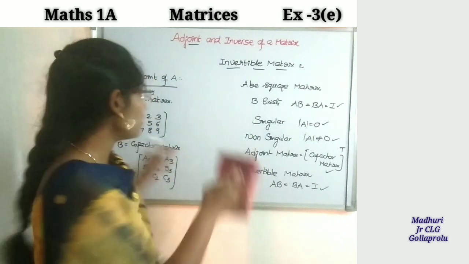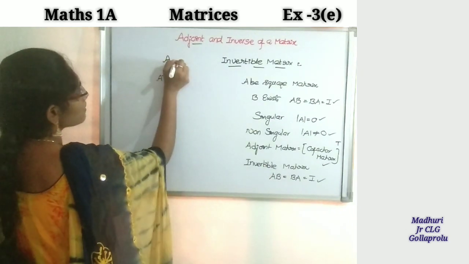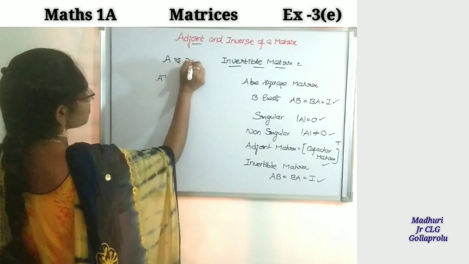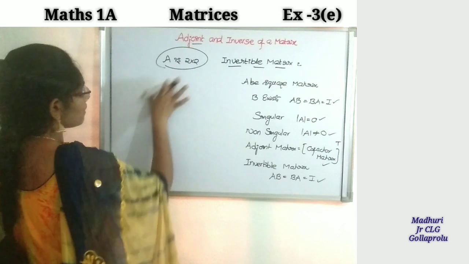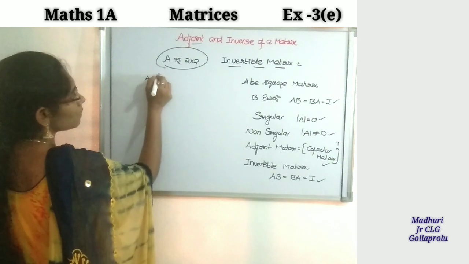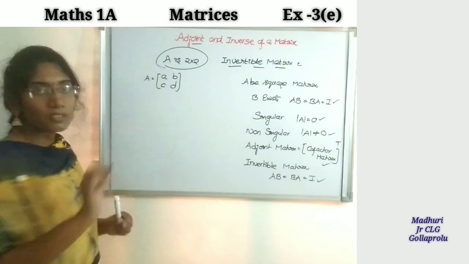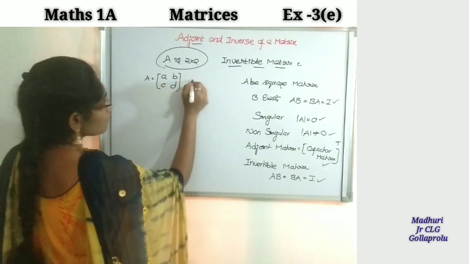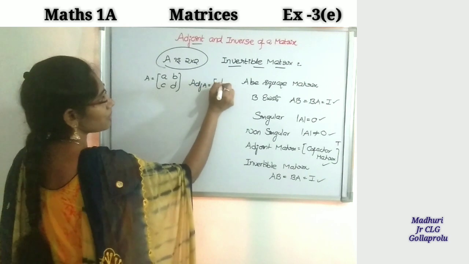And one more formula, the formula for finding A inverse. Suppose A is a 2 by 2 matrix, A equal to the matrix [a, b; c, d]. Then adjoint A is equal to [d, -b; -c, a].